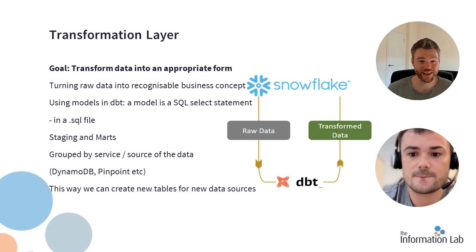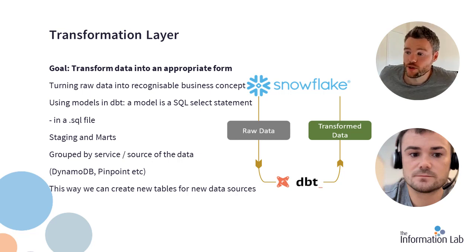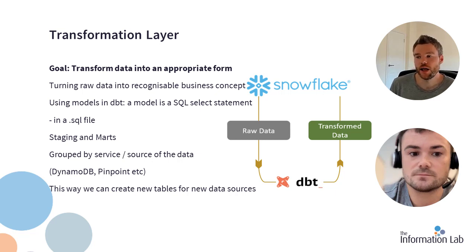Lots of ETL and data transformation tools pull the data out of the database, do transformations, and write it back. dbt just sits alongside your data warehouse. Besides Snowflake, dbt also supports Google BigQuery, Redshift, and quite a few other cloud-based databases.